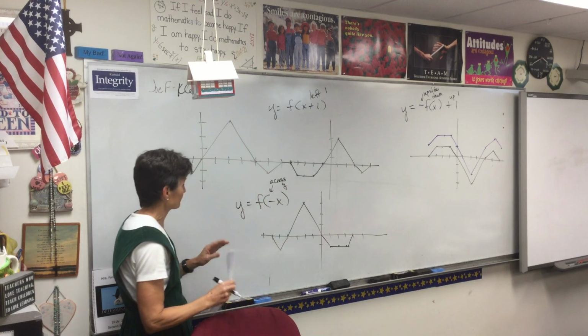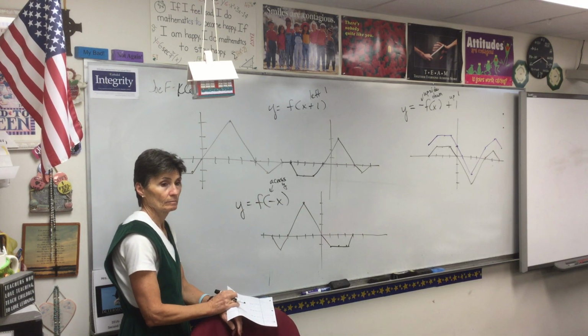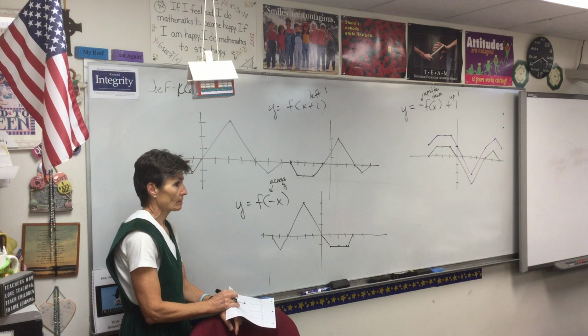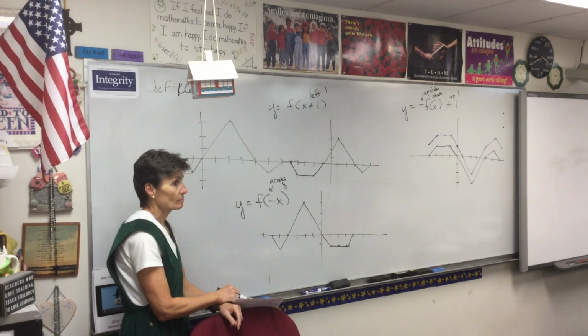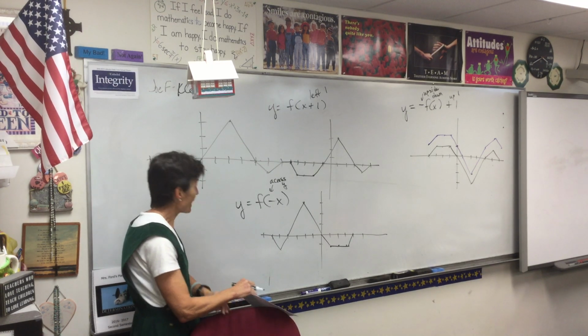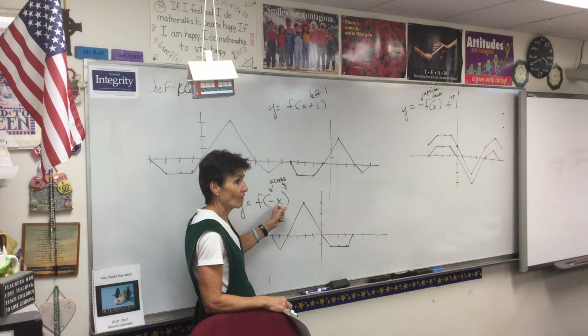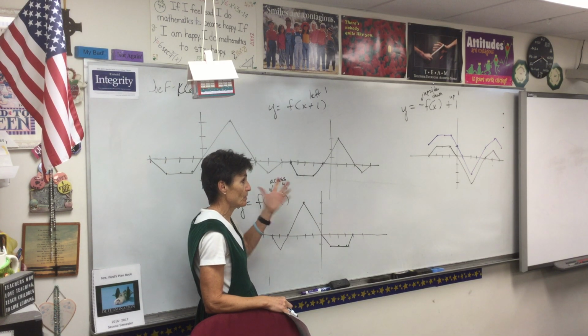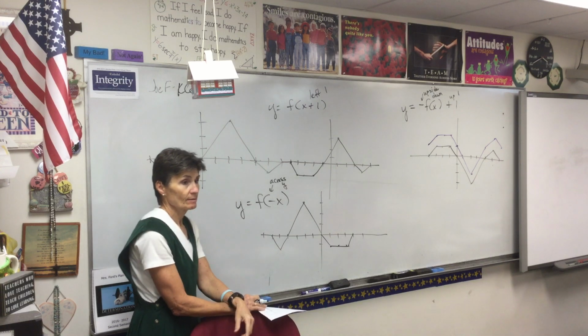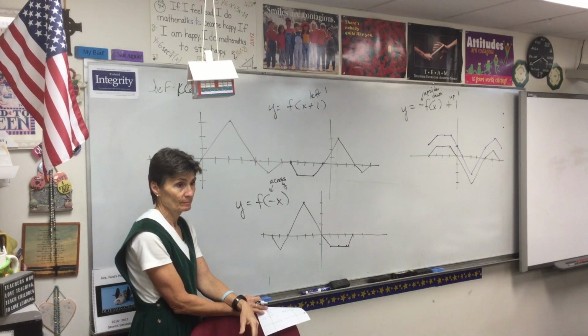There it is. Everybody good? So what do we need to remember? We absolutely need to remember that a negative on the x is going to flip you sideways, whatever shape you have.